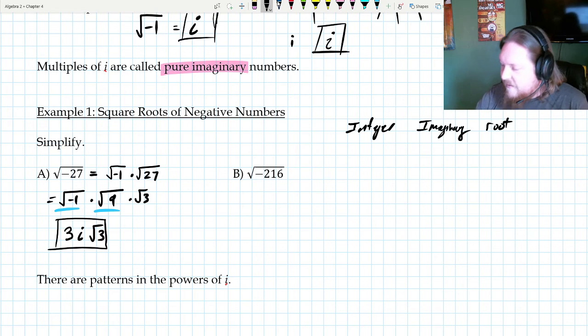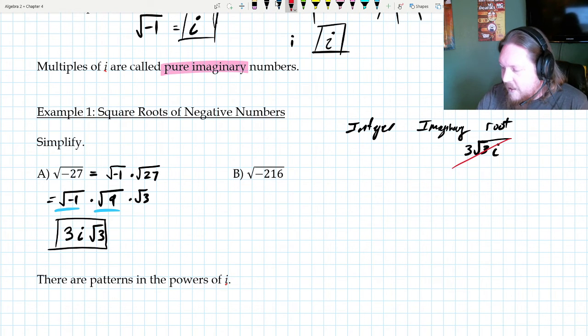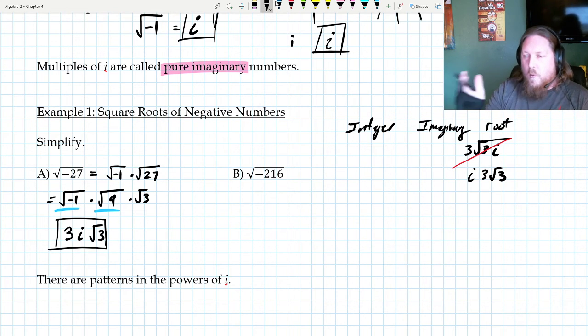We don't write it the other way because if I wrote 3 times root 3 i, you could accidentally confuse it and think that the i is inside the square root, which we don't really like, so we don't write it that way. You also don't like to write the i first. It's just not as clean. So that's how we write it when we're writing in order. It's the integer part or the rational part if you happen to have a fraction, the imaginary, and then the root. So let's try this again.